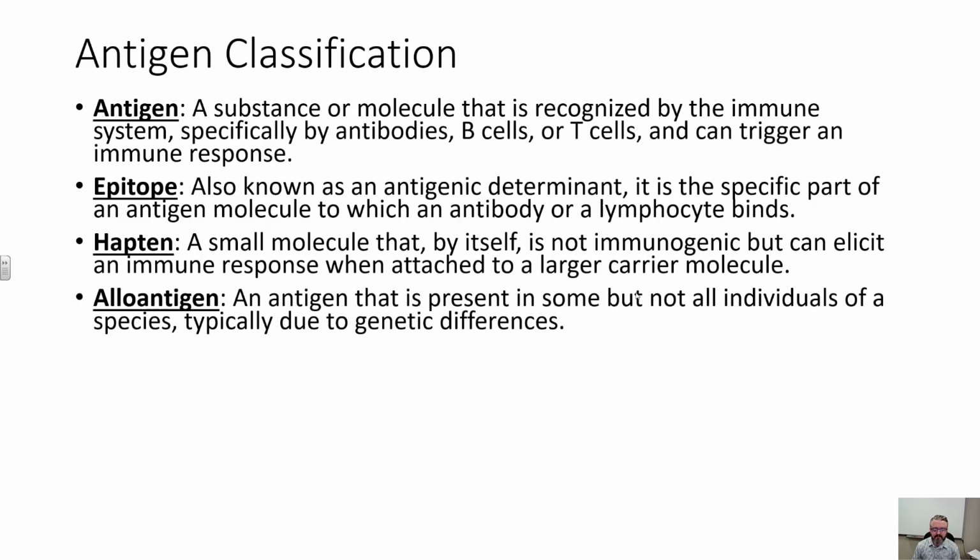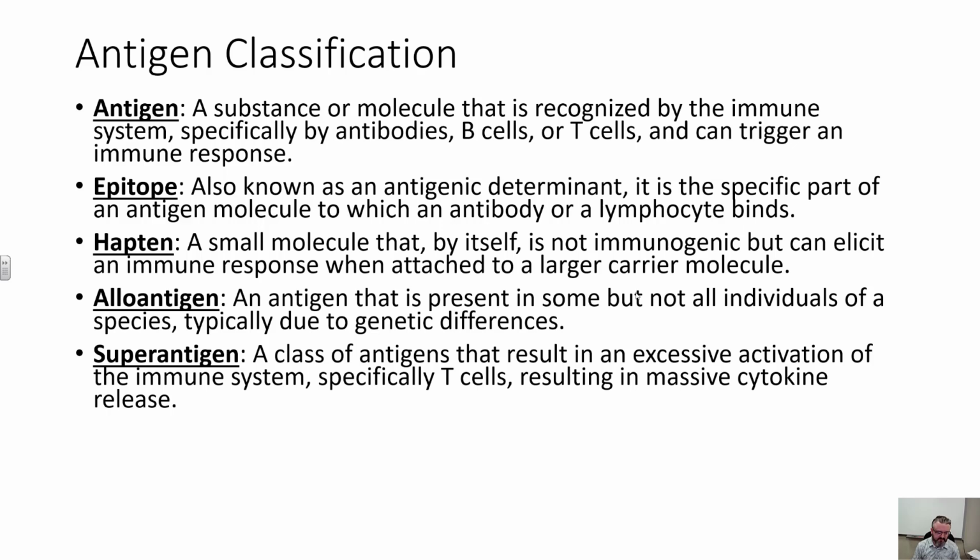An alloantigen is an antigen that is present in some individuals but not others. So an example of this might be something like the A or B marker on your blood proteins or on your blood cells. So if I personally have type A blood, and if you gave me type B blood, my body would see the type B as an antigen and attempt to attack it.